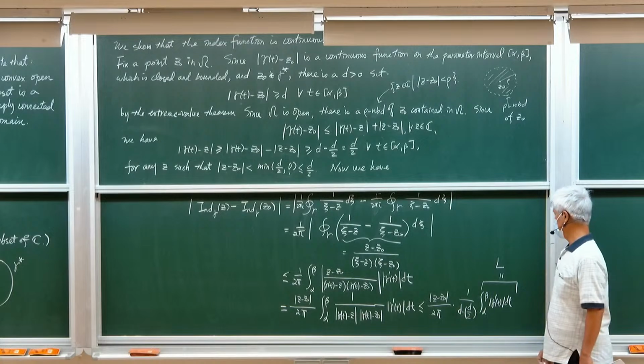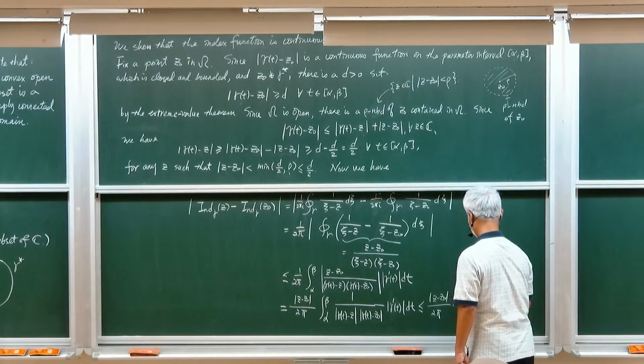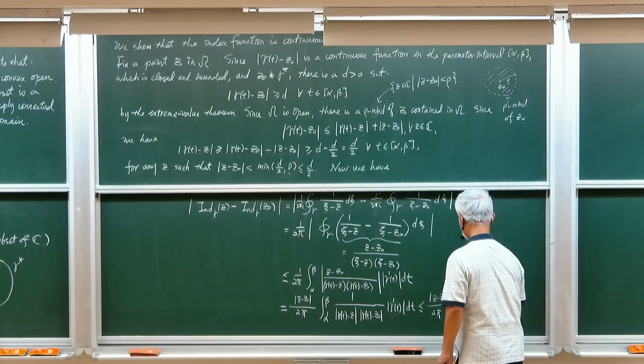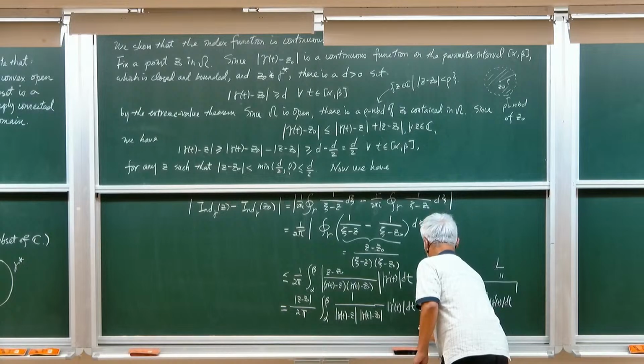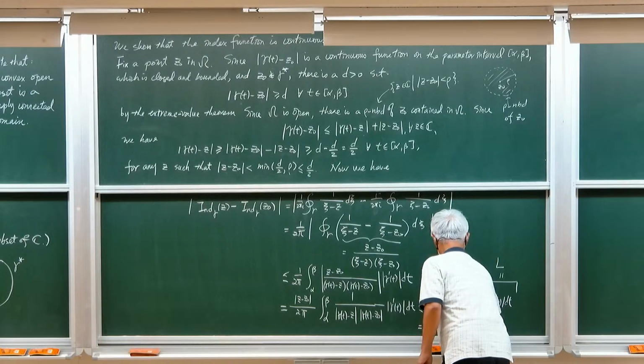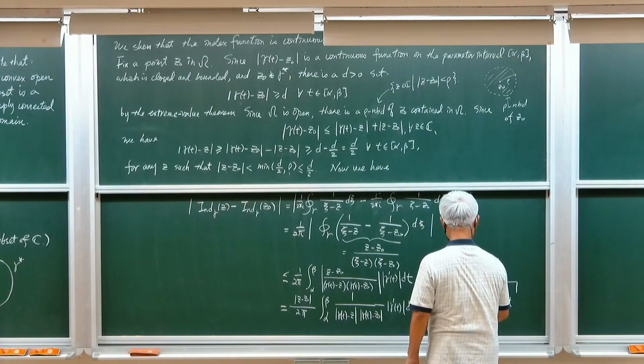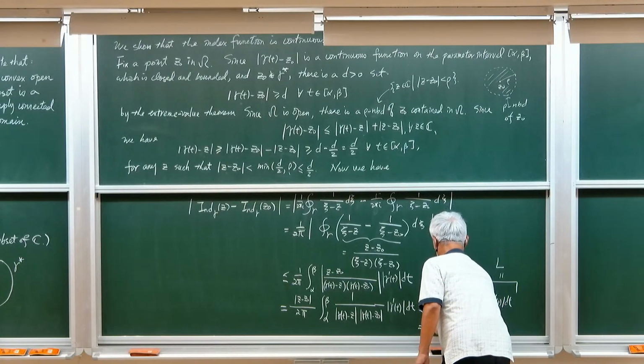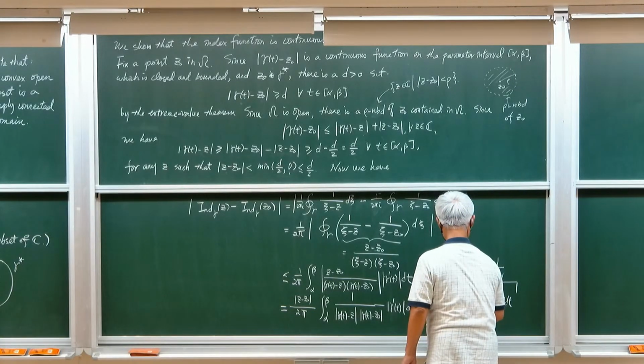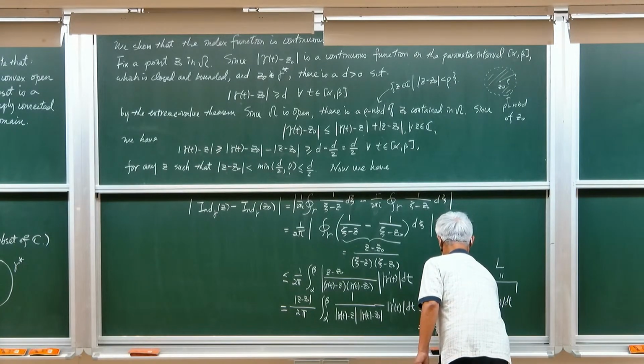So the upper bound becomes L over d squared pi, times |z - z0|.